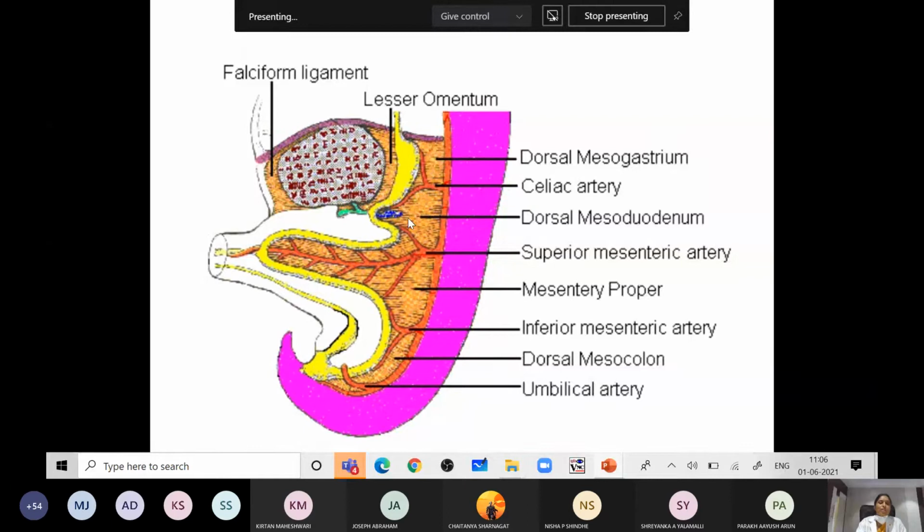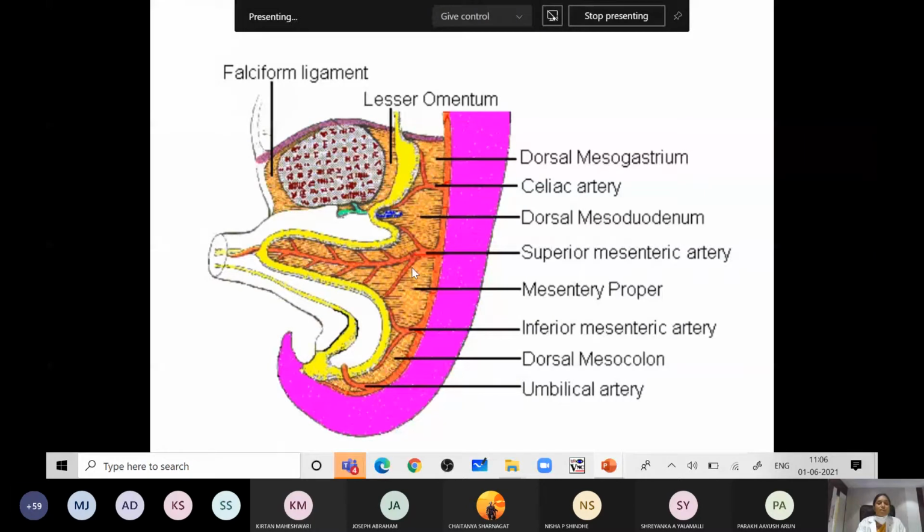Not only the duodenum, the rest of the GIT will be suspended only dorsally by the mesentery. Clear? Only till the stomach do you have the ventral part. The esophagus and stomach will have the ventral mesoesophagus and ventral mesogastrium.